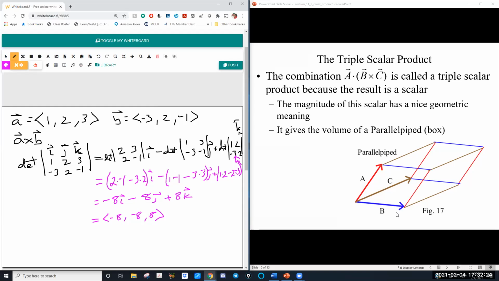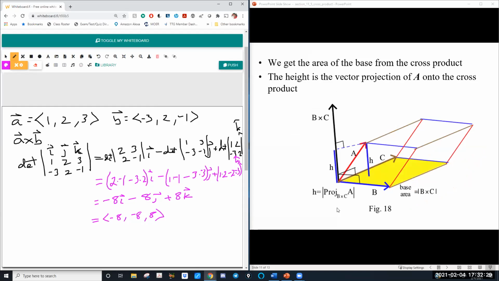Well, we know to do an area of a parallelogram, it's A cross B, right? So here's how this works. What we do is the base is a parallelogram, and so its area is the magnitude of B cross C. And then we need H, which is the height of the parallelepiped, which is the vector projection of A in the direction of B cross C, which, remember, B cross C gives us a vector that is perpendicular to the plane that B and C lie in.